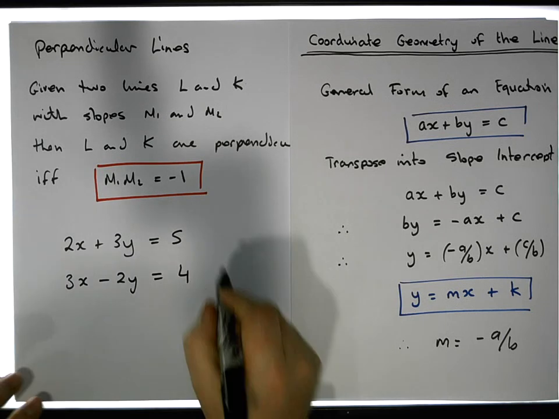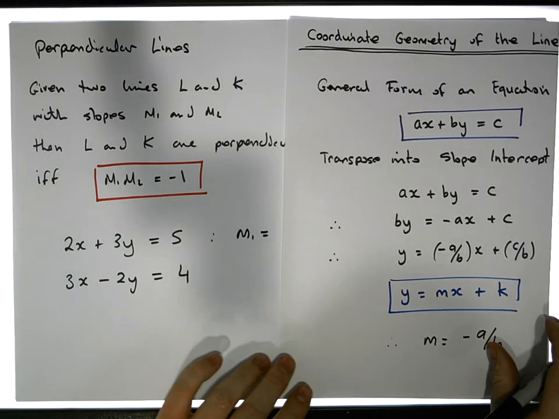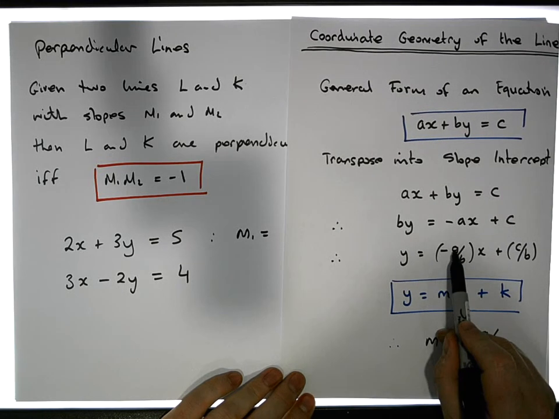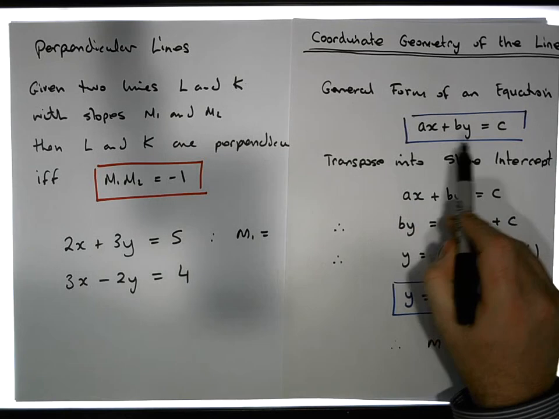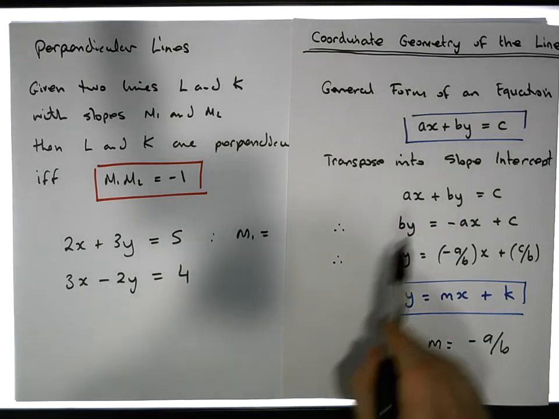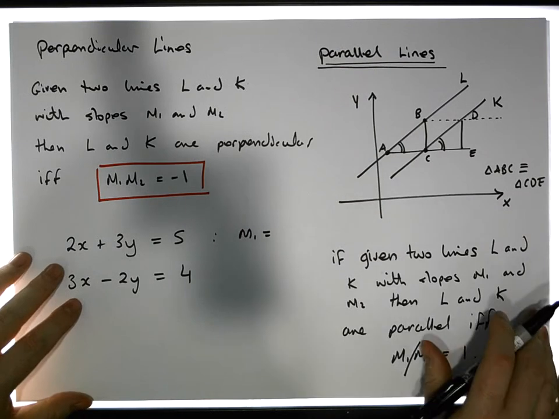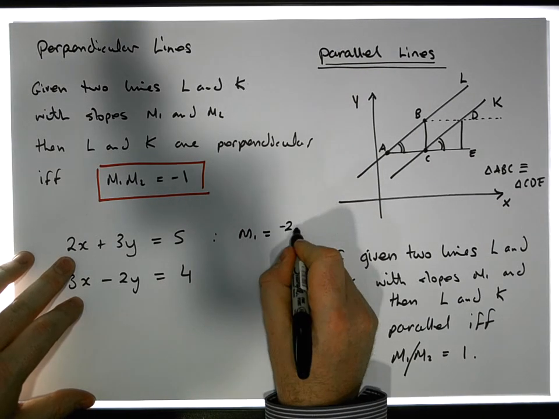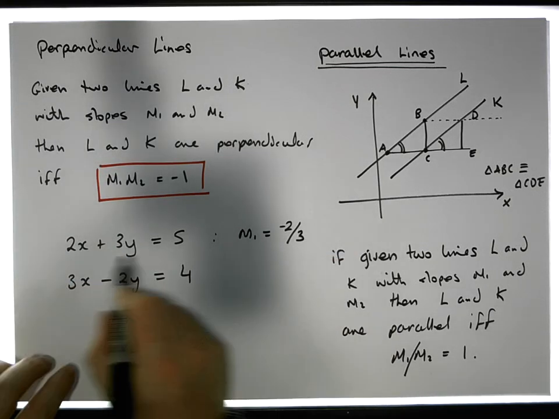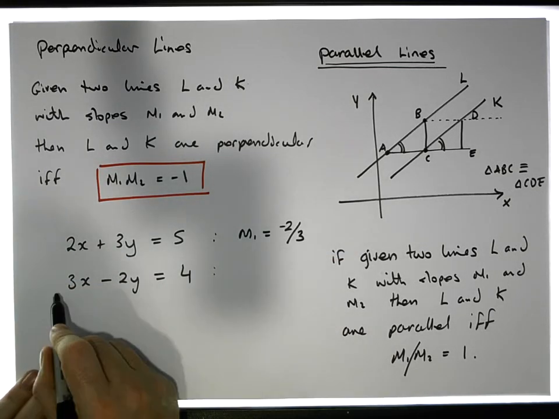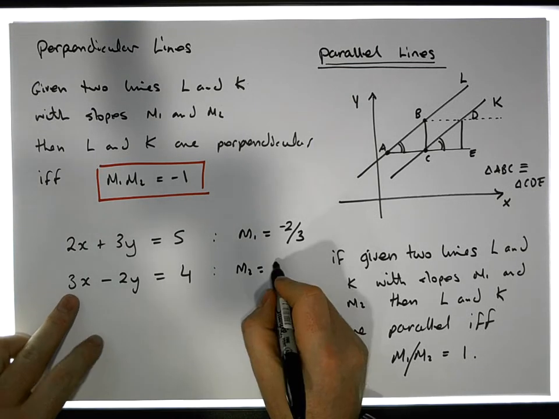The slope of the first one, m1, we know is simply minus the a value divided by the b value when it's in general form, and this is in general form. So minus the a, which is minus 2, divided by the b, the coefficient of y, which is 3. That's the slope of that line. What about this line? Well, m2 is minus the a value, which is minus 3.